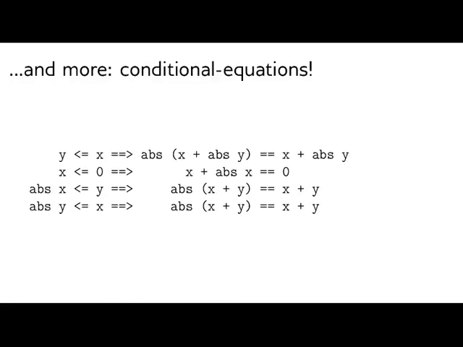And you also get conditional equations, like those. There are a few rules for elimination of abs under certain conditions. The second one is quite interesting: it says that for all non-positive x, x plus abs of x equals 0.